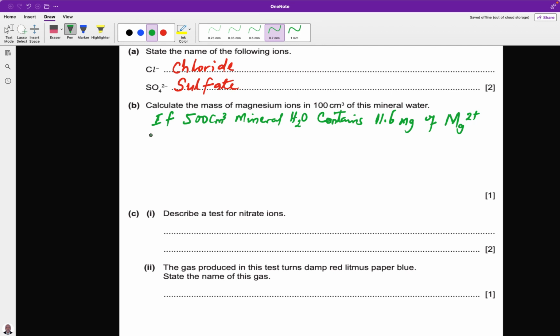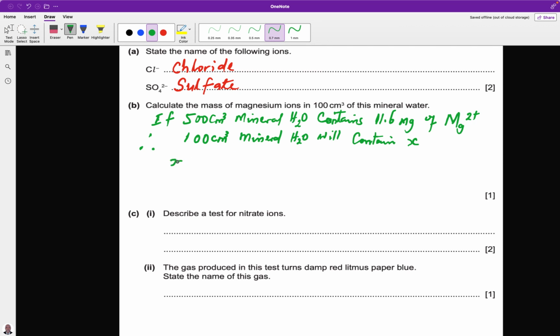Therefore, 100 cm cube of the very mineral water will contain X. And what will be the value of X?